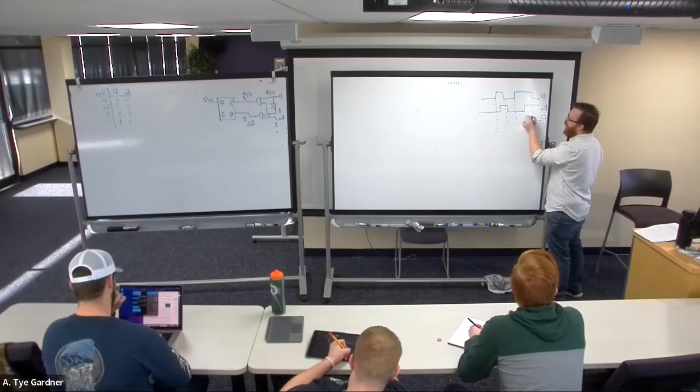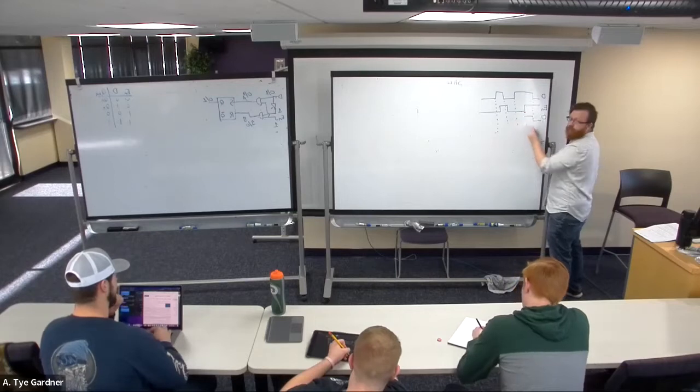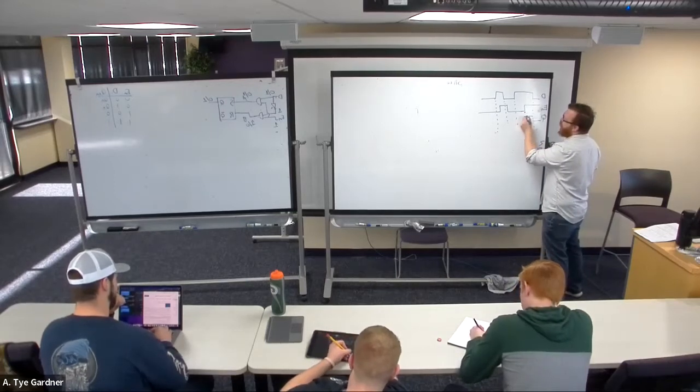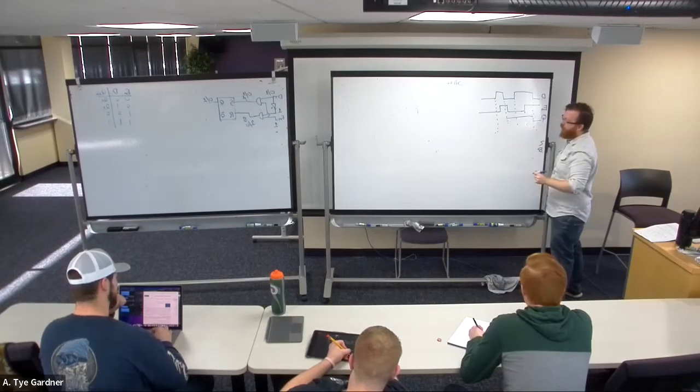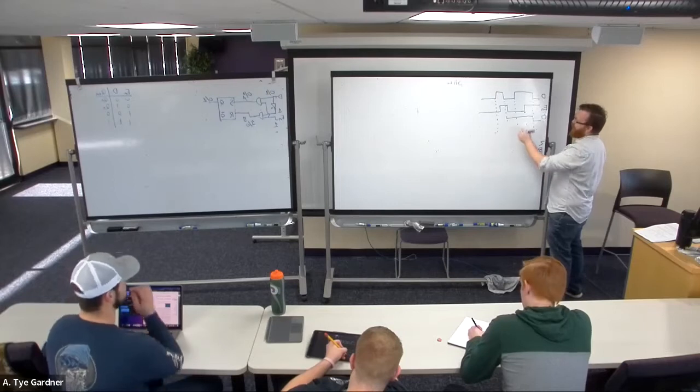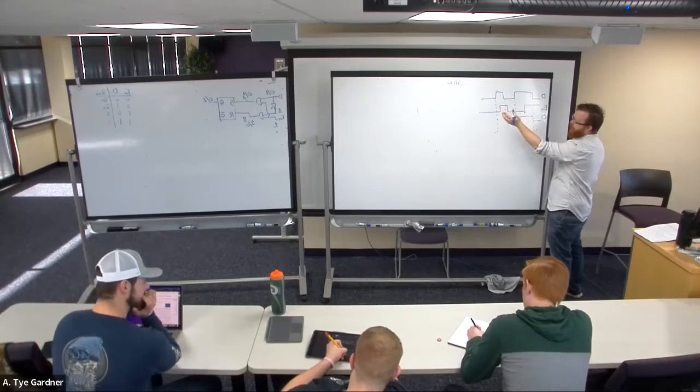So we're still enabled. Then enable turns off here. That means that until enable turns on, Q won't change because it's not enabled. So this D goes to 0, nothing happens.